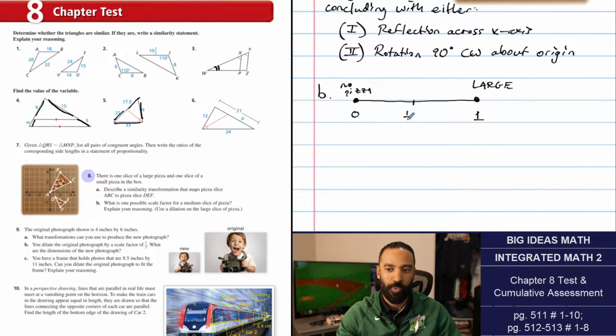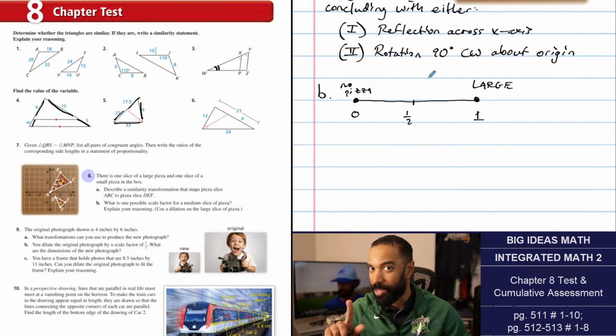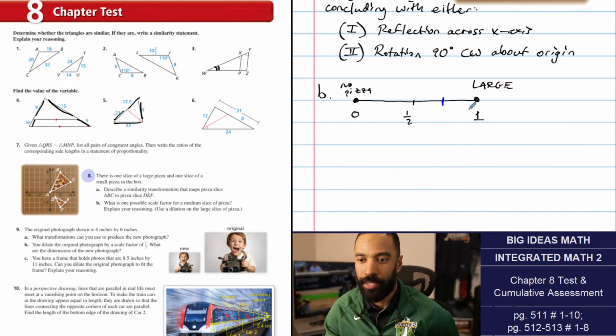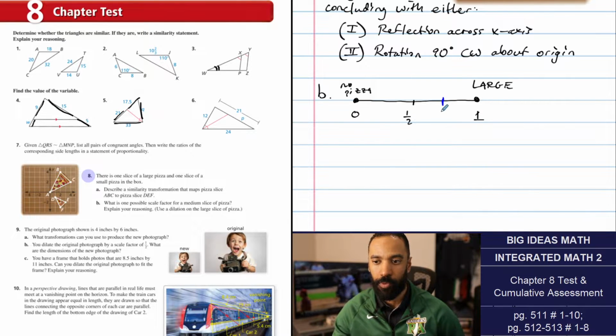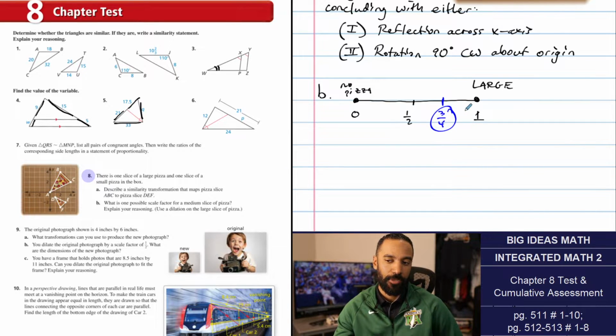It's the 1 to 2 ratio, right? 1/2 as a scale factor to shrink the large to half the size. Not in area, by the way, but just in lengths. The medium has to be somewhere in between these. A valid one, for example, is halfway between 1 and 1/2, which would be 3/4. There's also possibly 2/3 or something like that, but 3/4 is a possible one.